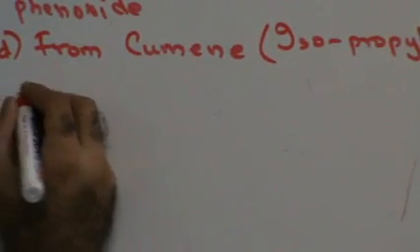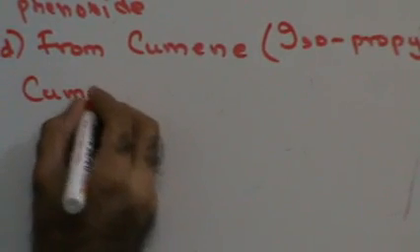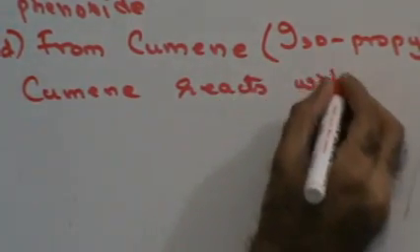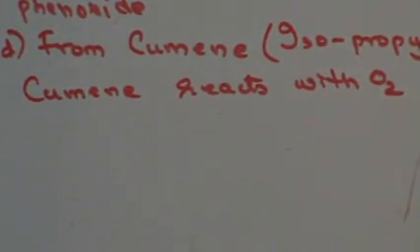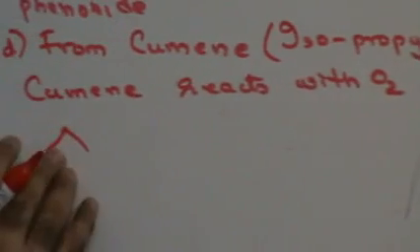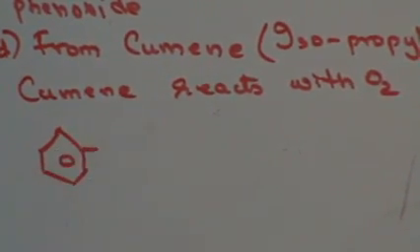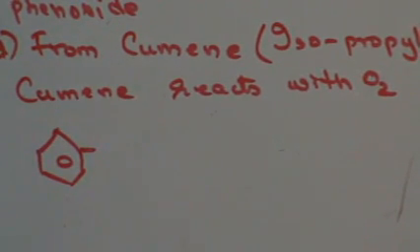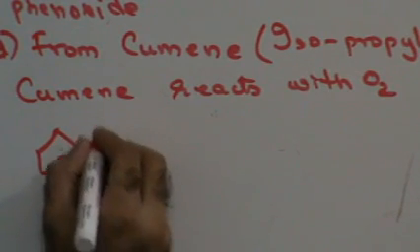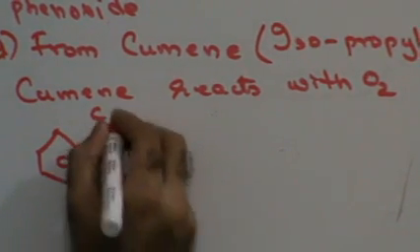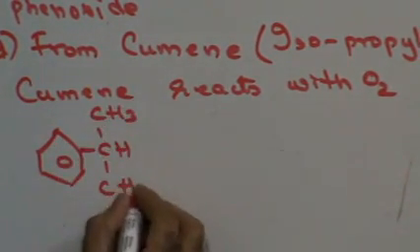What happens when cumene reacts with oxygen? Benzene, isopropyl, that means it will be in the branch. Propyl means there will be 3 carbon atoms: 1, 2, 3, so CH, CH3, CH3.